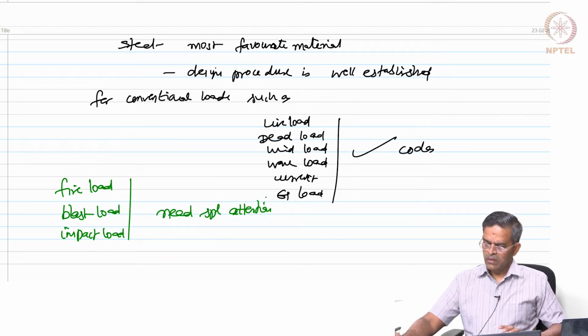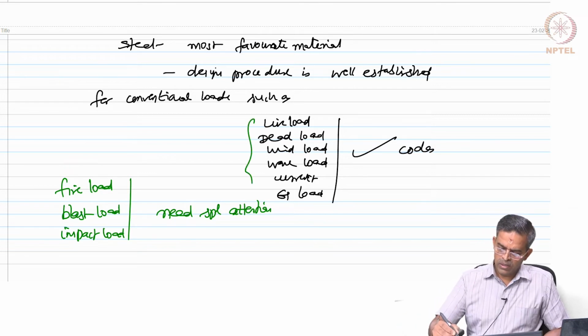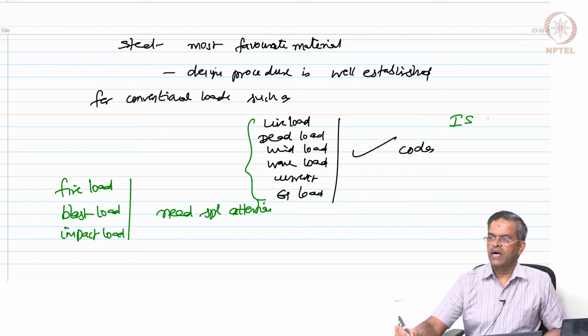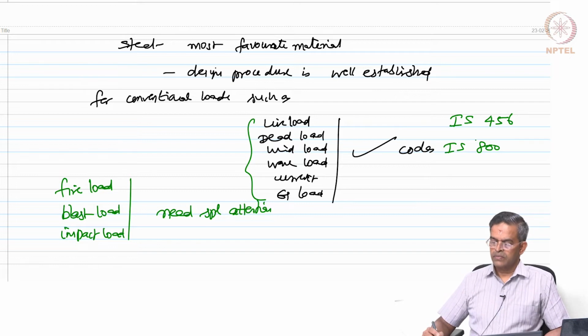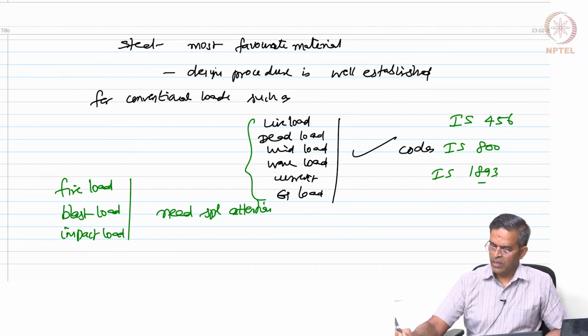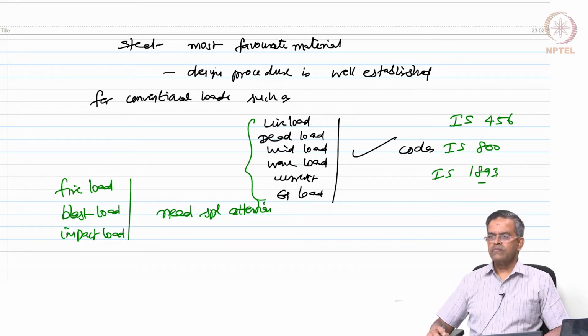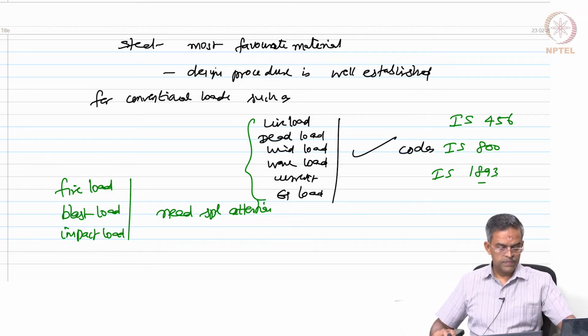For example, there are varieties of Indian codes which discuss about the design procedures. For example, let us say IS 456, this is for concrete structures, IS 800 for steel structures, IS 1893 for earthquake loads. Okay. But there are no explicit design procedures available and recommended by the codes for fire loads, right.